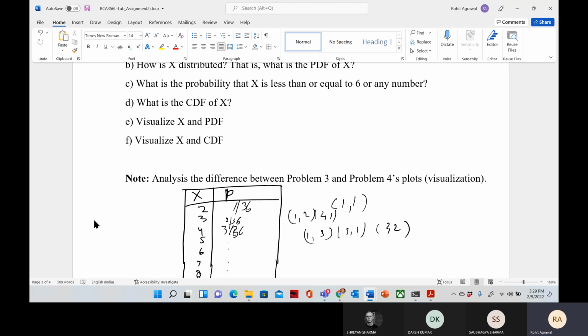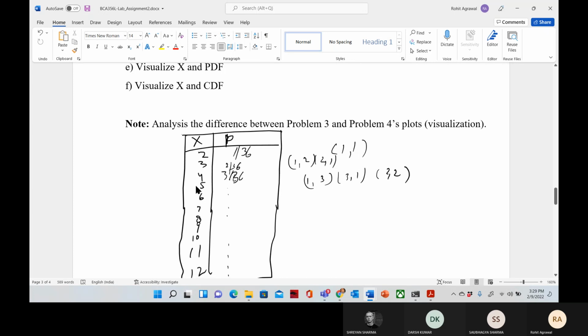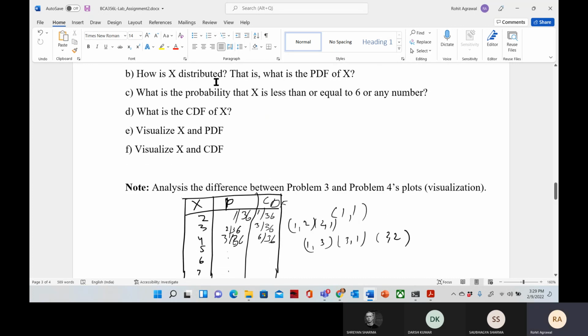So what next we will do? We will just write here CDF, and we will just add 1 upon 36, then addition of these two. And we will see what is the probability that X is less than or equal to 6.